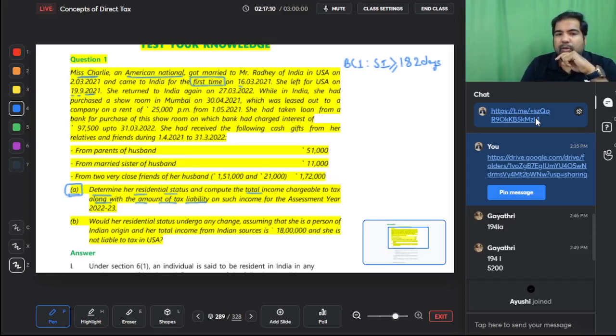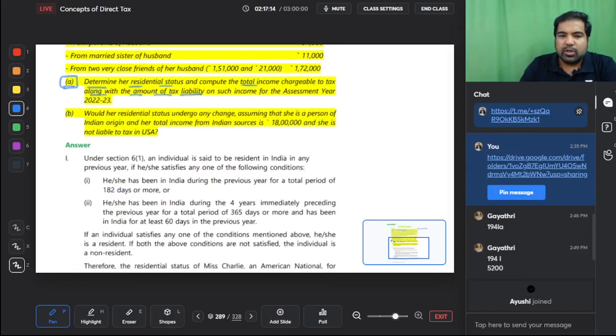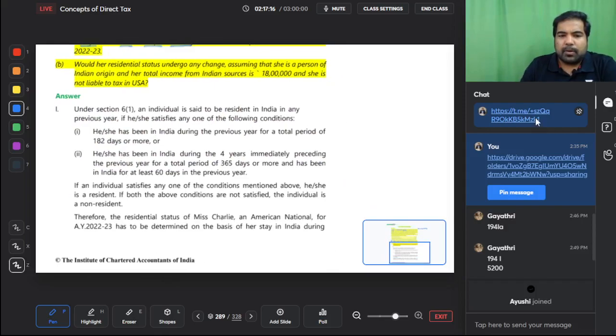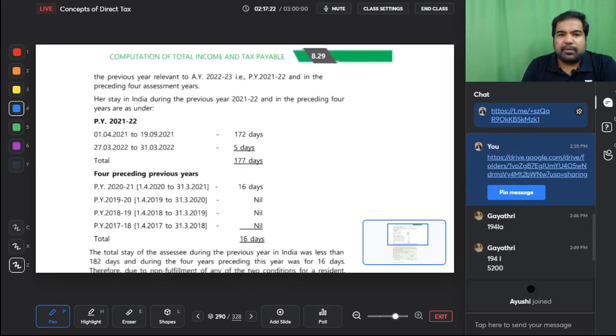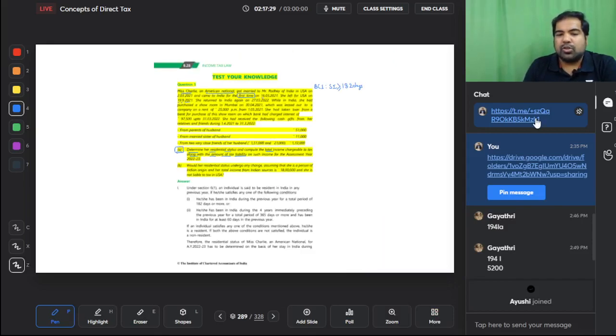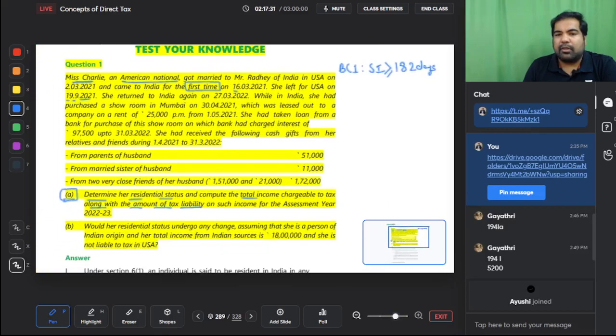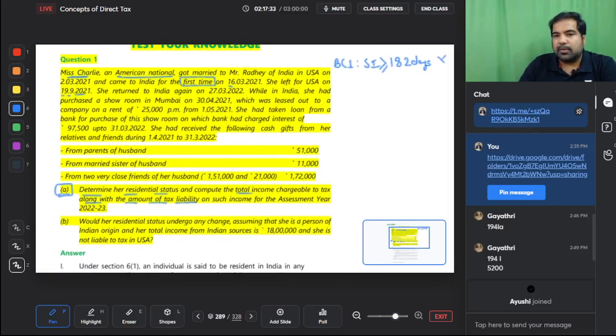She returned to India on 27th, so 27, 28, 29, 30, 31, 5 more days. I don't have a calculator, so I'm just going to calculate it from here. So this is Miss Charlie and her stay in India, from 1st April to 19th and the last 5 days, is 177 days. So basically she has not been staying in India for greater than or equal to 182 days.